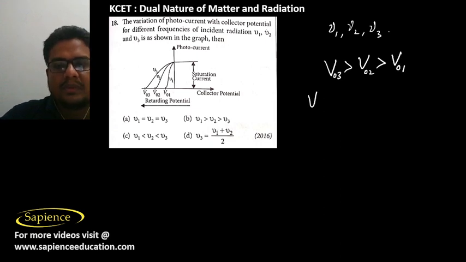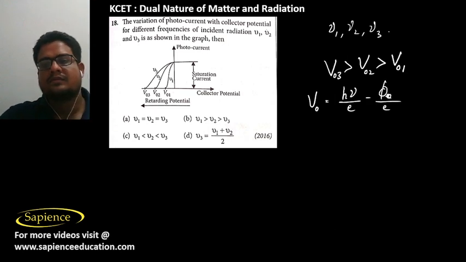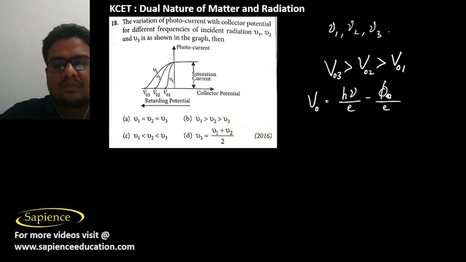So stopping potential V naught is equal to h nu by e minus phi naught by e. Phi naught by e is constant, so when the frequency is higher, the stopping potential is also higher.